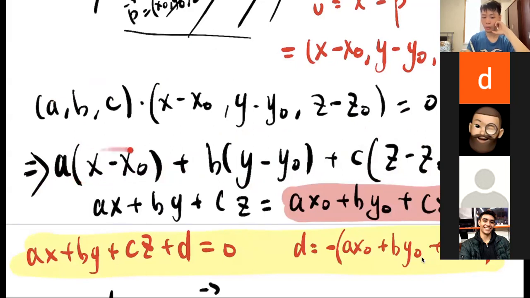So from here to the red part, you distribute the parentheses. So you have ax minus a times x0, by minus by0, cz minus cz0.